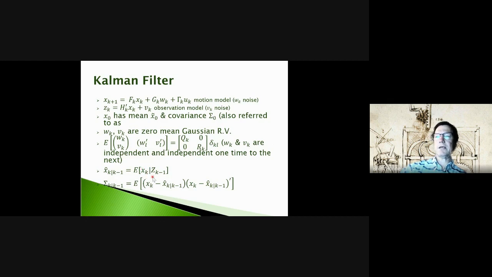So this gives us an estimated position given the prior, right? And now this is our covariance, and so now we can look at taking our true value and subtracting out our estimated value, and then multiplying that by the transpose and taking the expected value of that is going to give us our covariance, right? So a lot of math here.